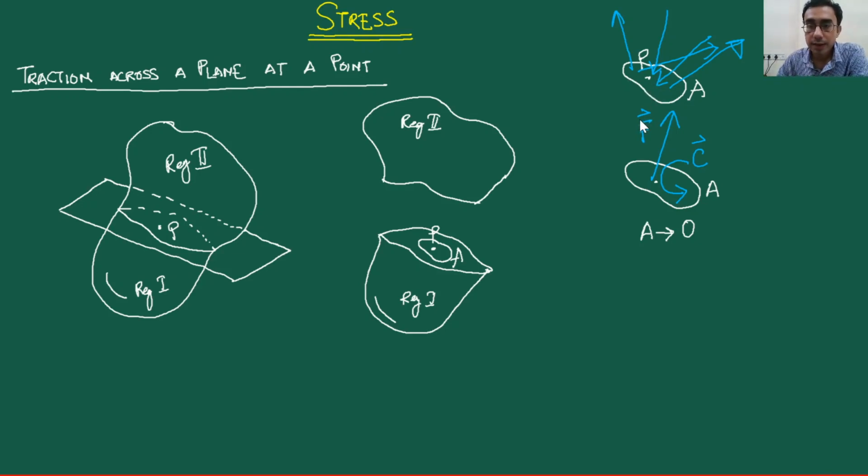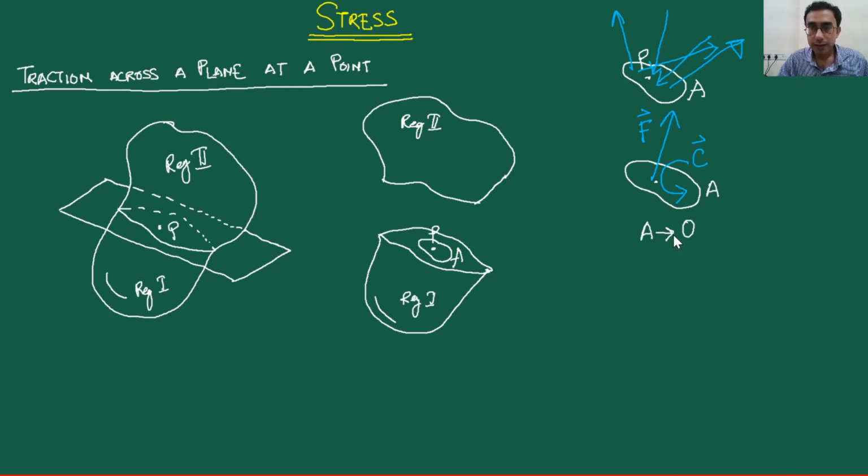Correspondingly, if you are considering a smaller area with a different distribution of forces, the statical equivalent of that will also be different from what I have depicted here. So if we keep on decreasing the area to smaller and smaller regions, the statical equivalent, the force and the couple, is also going to change.